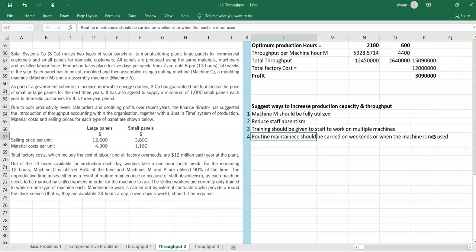During operation hours, they should not come and say that they are going to service the machine. So these are the ways we could increase the production capacity, and also the throughput.